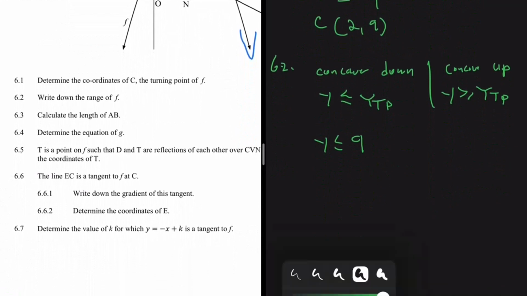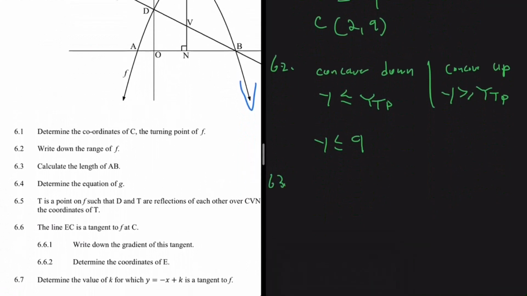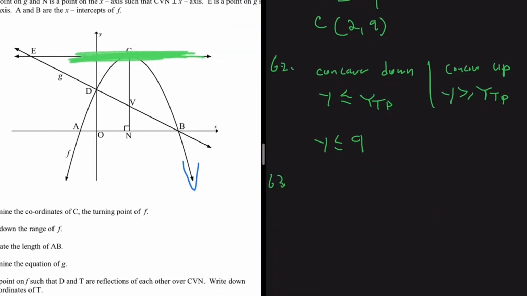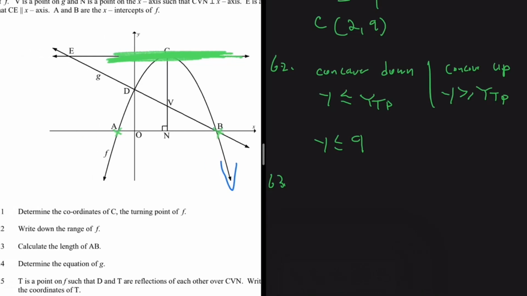Now let's do 6.3. 6.3 says let's calculate the length of AB. So we have A here and we have B here. A and B are the x-intercepts of our graph. So let's find those coordinates so that we can determine the length AB.